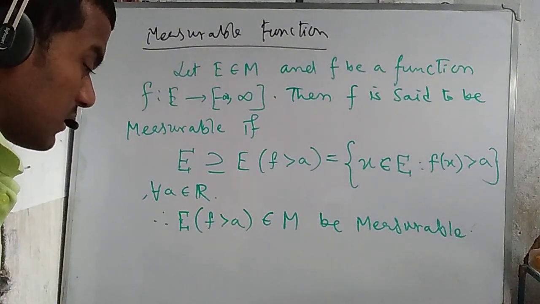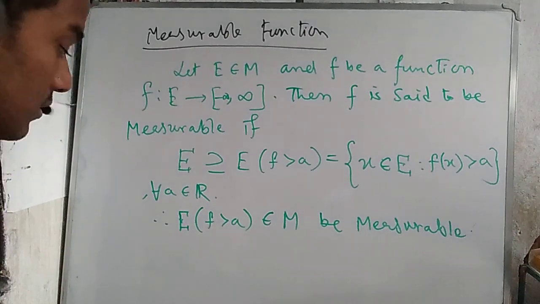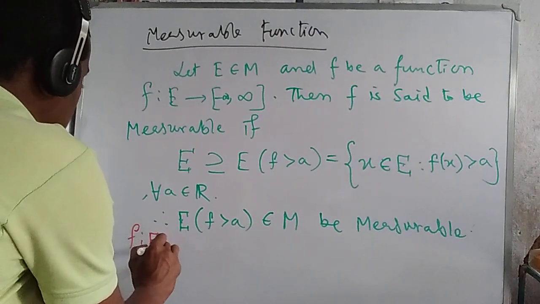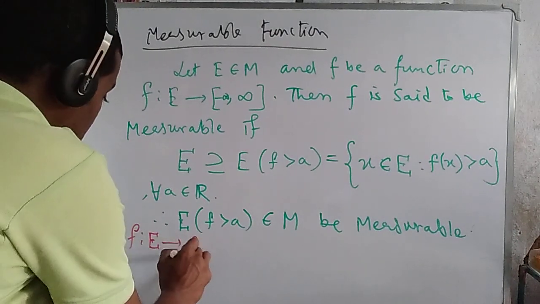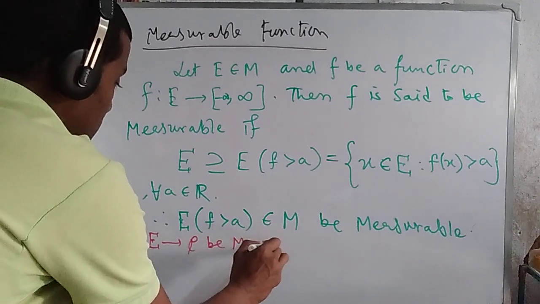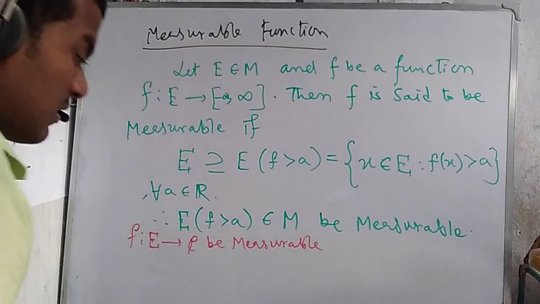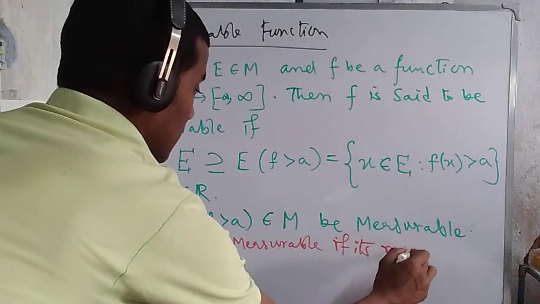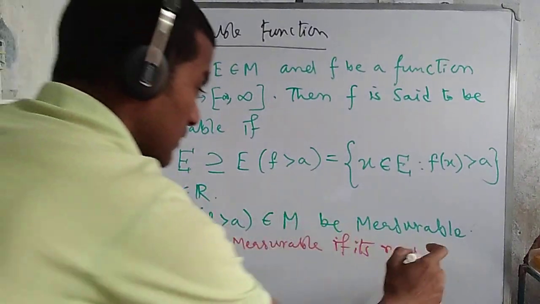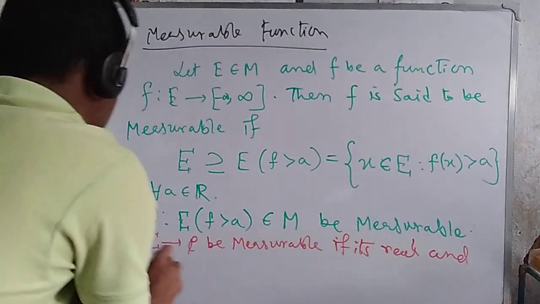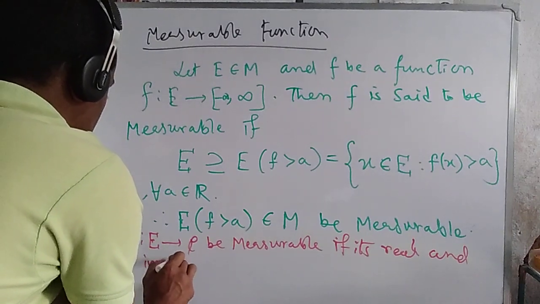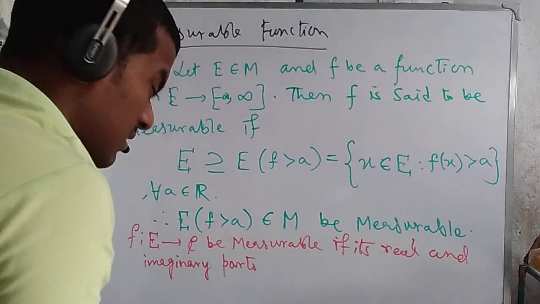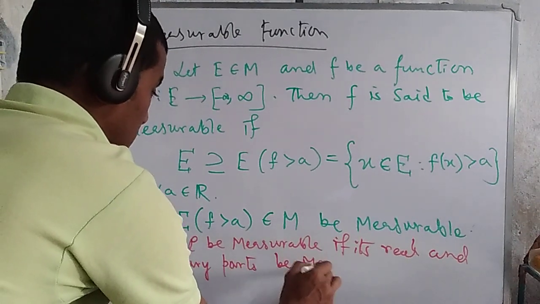Now if f from E to C is a function, it is measurable if its real and imaginary parts are measurable.